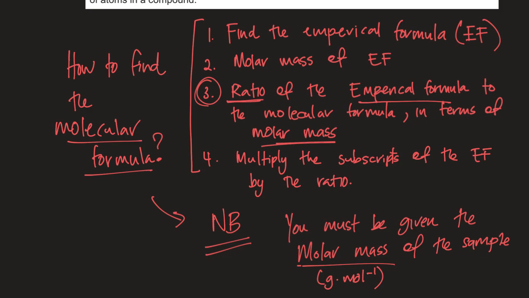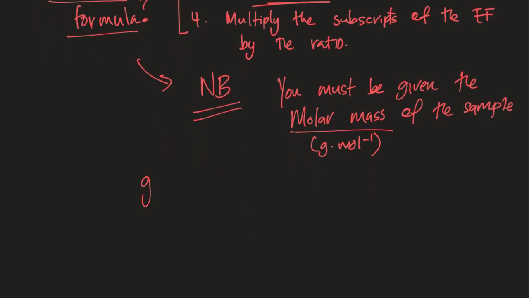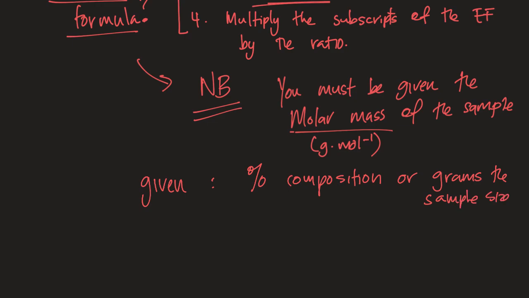So what you need to understand about this section: you will be given the percentage composition, or you will be given in grams the sample size. You will need to find the empirical formula first. You will need to find the molar mass of the empirical formula.